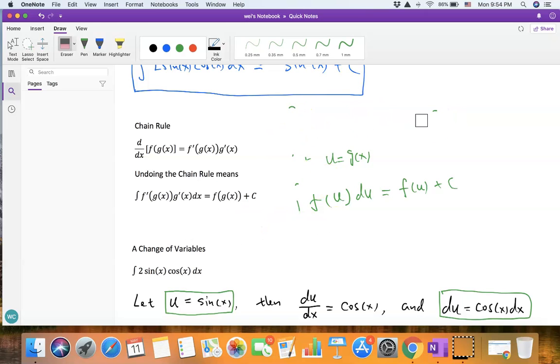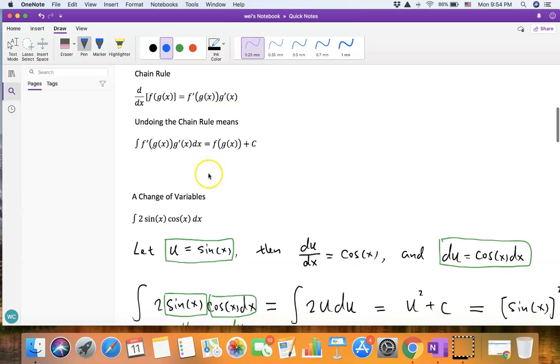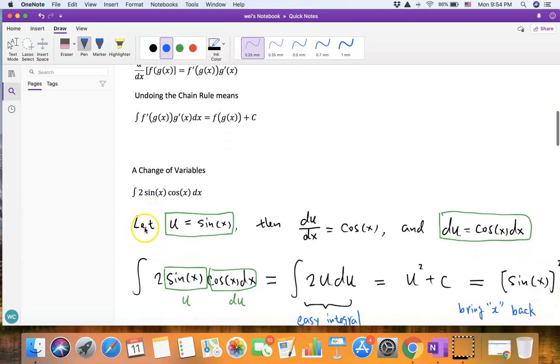Now let's look at this problem again. If we let u be sine x, then du over dx, I take the derivative of this function, will be cosine x. Then if I multiply dx on both sides, I will have du equals cosine x dx.